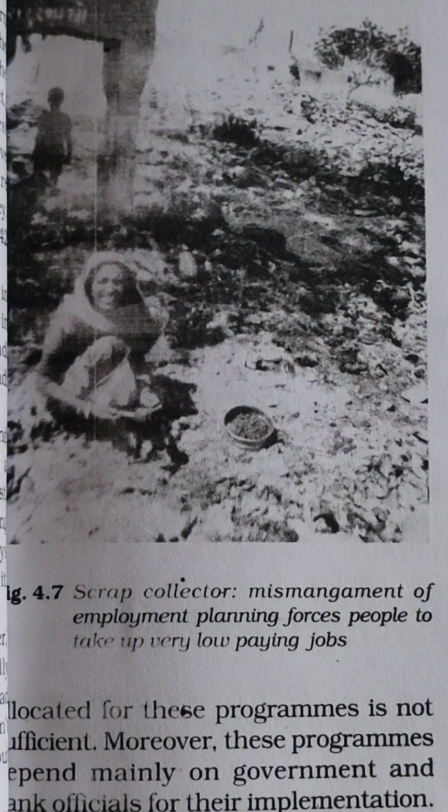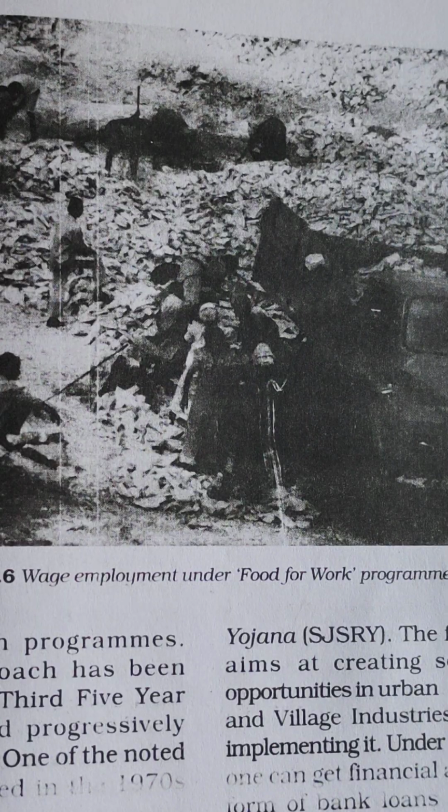A photo of a scrap collector shows mismanagement of employment planning that forces people to take up any low paying job. This is a photo showing wage employment under the Food for Work program.